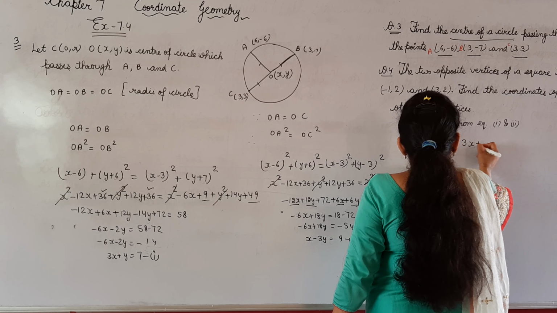Suppose I am using elimination method, then multiplying it by 1 and multiplying it by 3. What will we get? 3x plus y is equal to 7. 3x minus 9y is equal to 27. Now on subtracting, minus plus minus, 10y is equal to minus 20. Y is equal to minus 20 divided by 10. Y is equal to minus 2.